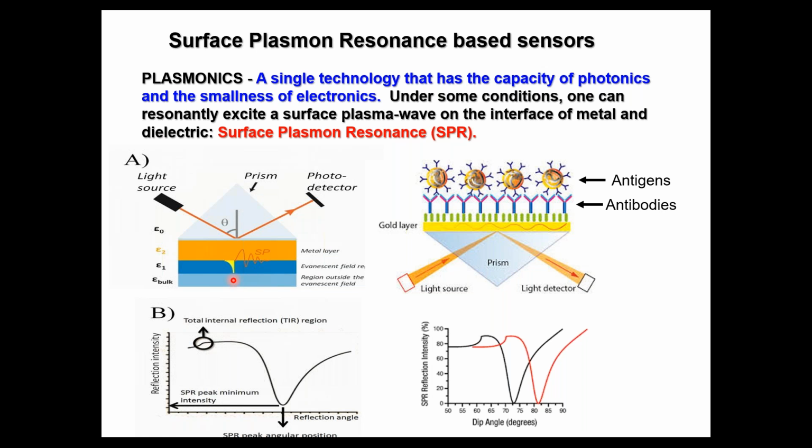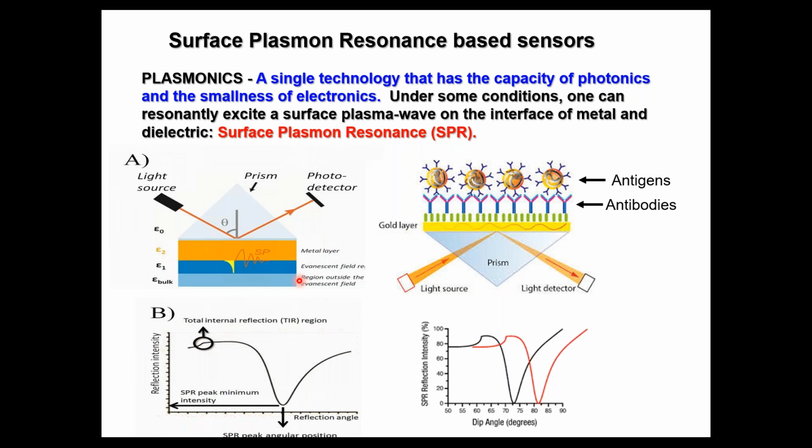This evanescent field extends around 50 to 100 nanometers, and during that process it can interact with any external medium that is present here. It can be chemical or biological kept over here.